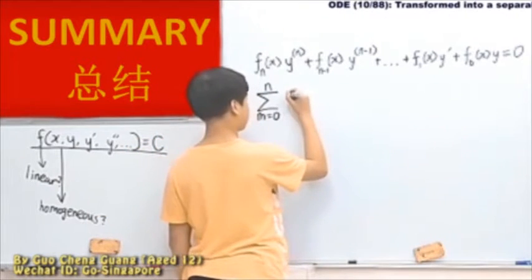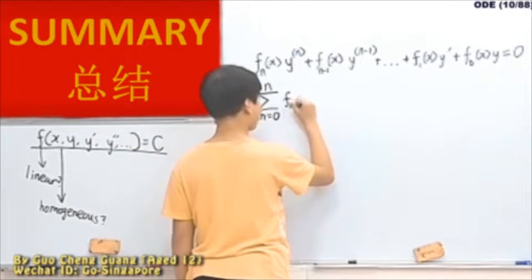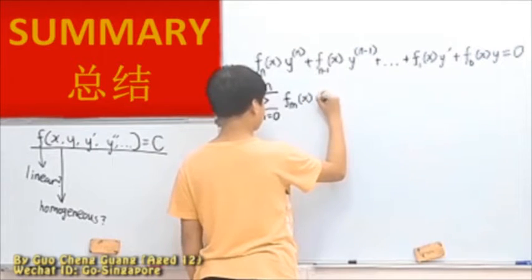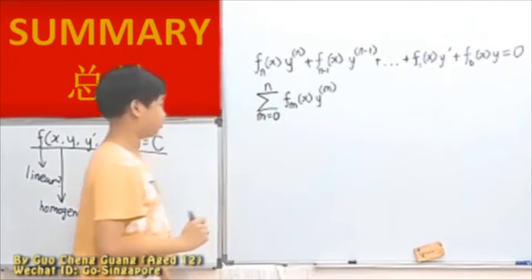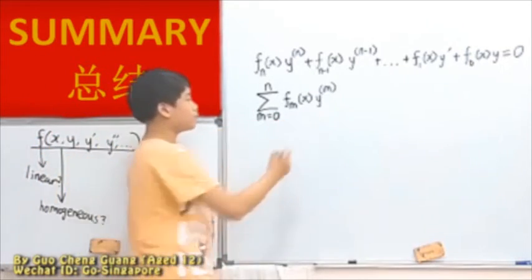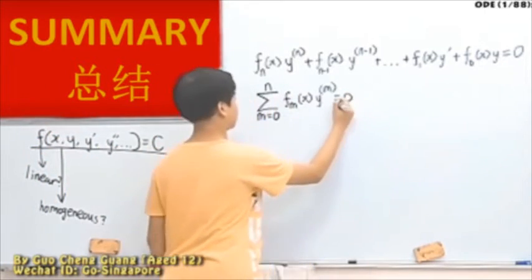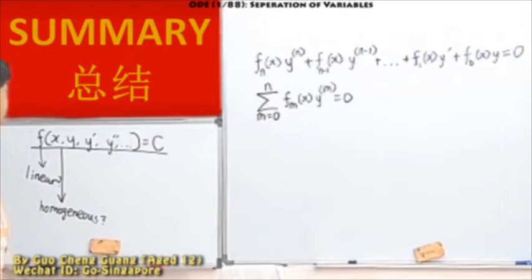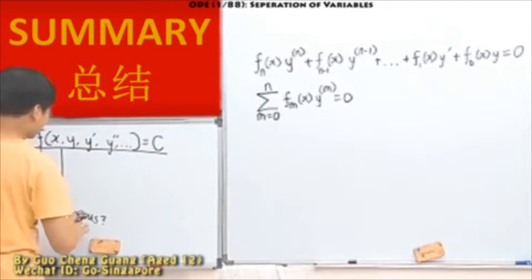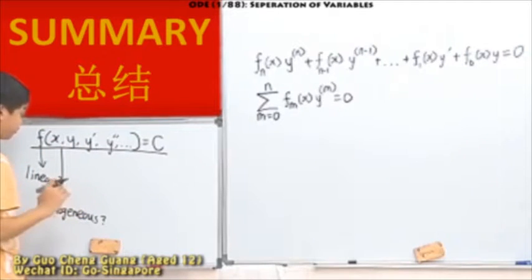That means at this part, you just put f_m(x), then it's the mth derivative of y. If you want to write it in sigma notation, it will become this form.